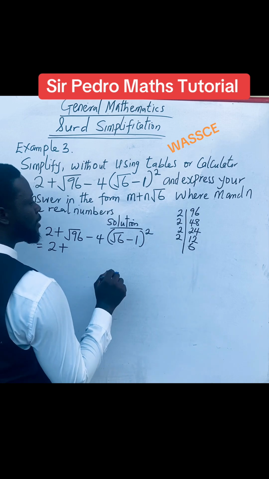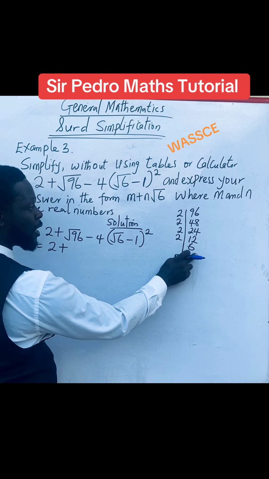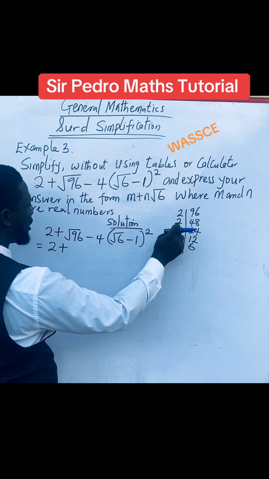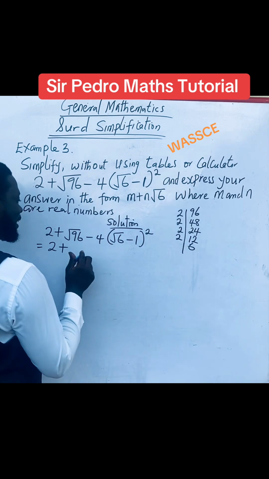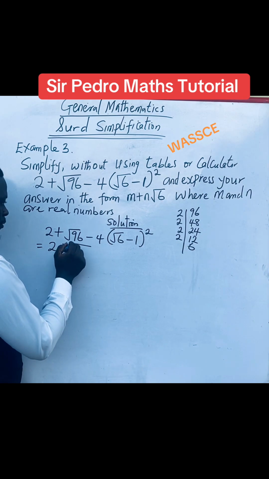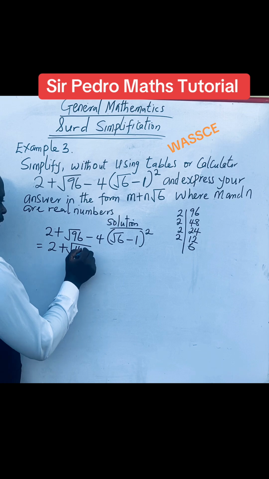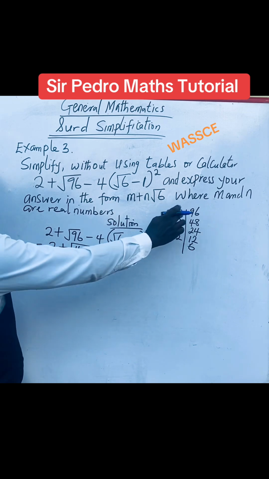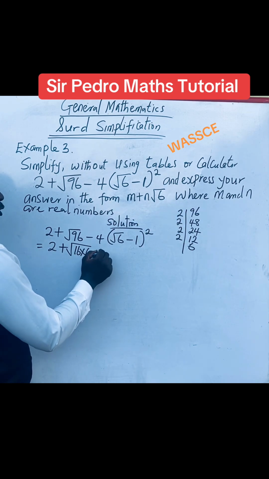Okay, let me stop here. I've gotten the 6 that I'm looking for now. So I have 2 times 2 times 2 times 2, that is 16. So 16 times 6 to give me what? 96. So I have minus, so expand this 4.